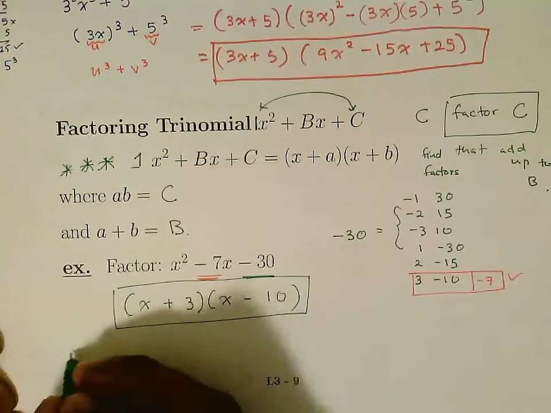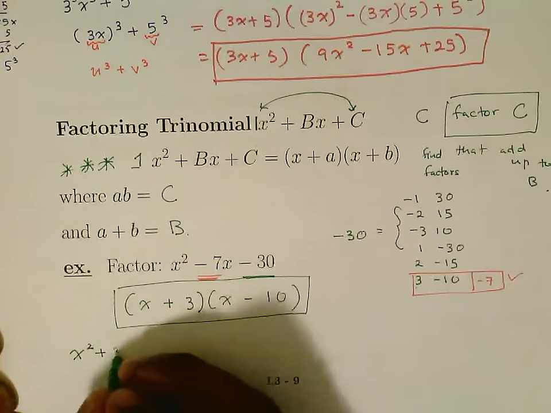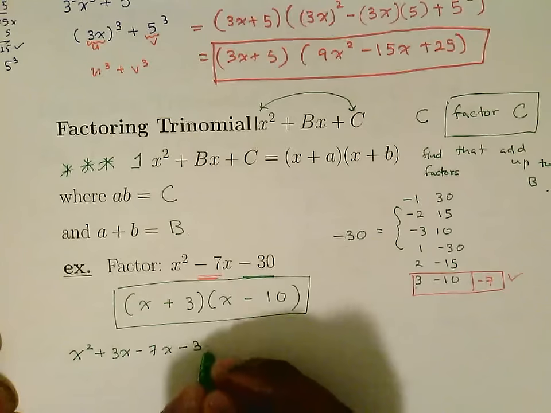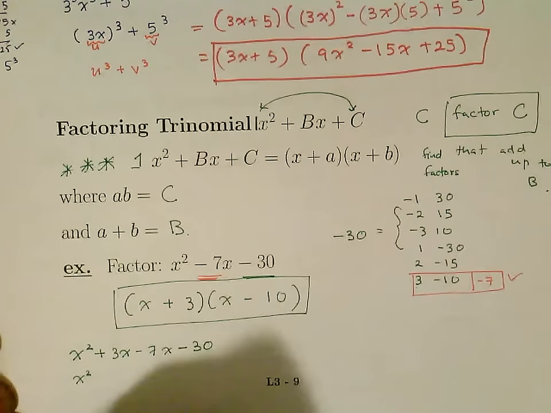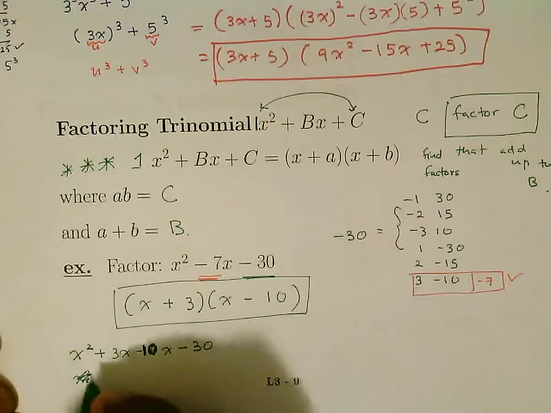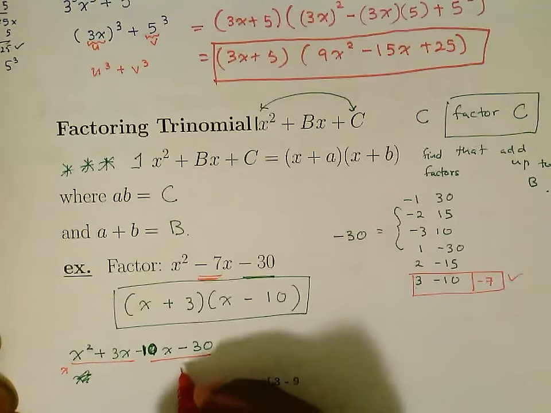Okay, so what you do is you would do x squared, you split it in the middle, so plus 3x minus 10x minus 30. Okay, and now you can see the common factor for the first part is x, and the common factor for this is, let's say, negative 10.